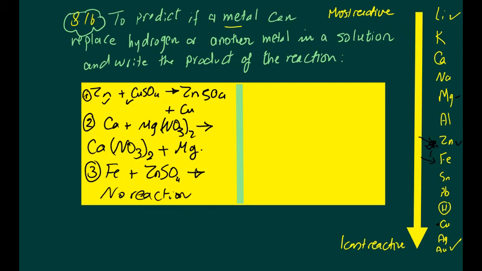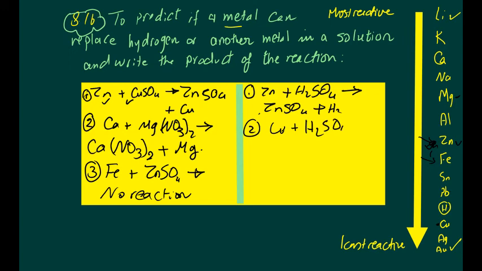Similarly, the reaction will happen if a metal is to replace hydrogen of an acid. So Zn plus H2SO4 will give ZnSO4 plus hydrogen. This is because zinc is coming before hydrogen in the chemical activity series. While copper can't react with sulfuric acid because copper is less reactive than hydrogen.